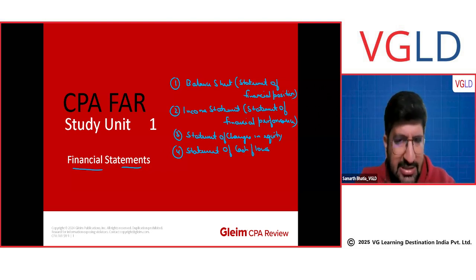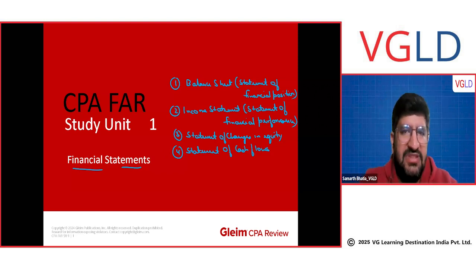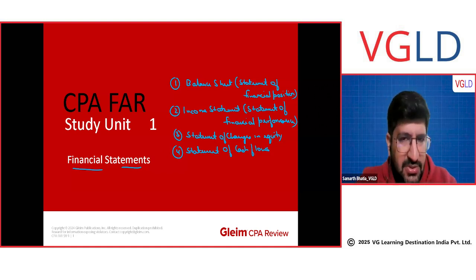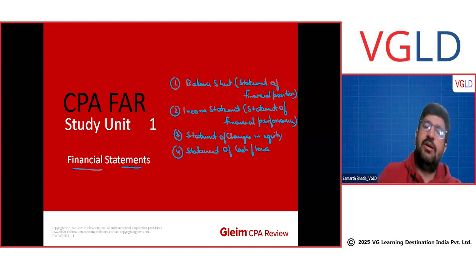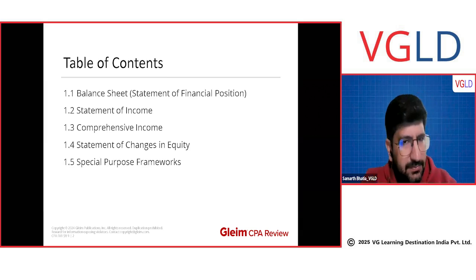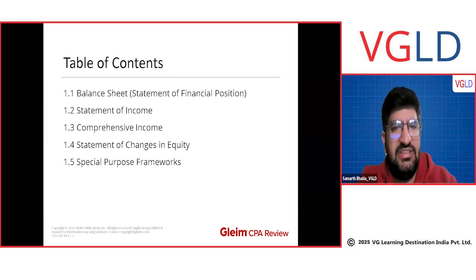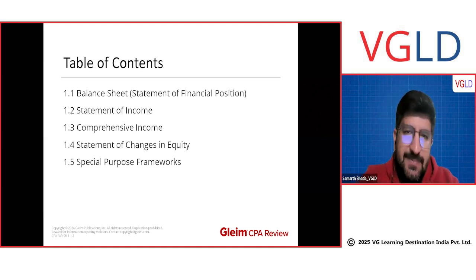One is the balance sheet, the second is the income statement, the third one is the statement of changes in equity, which also includes the statement of retained earnings, and finally we have a statement of cash flows. In this chapter we will first discuss the balance sheet, then statement of income, comprehensive income, statement of changes in equity, and special purpose frameworks.